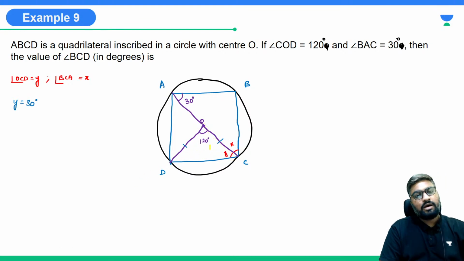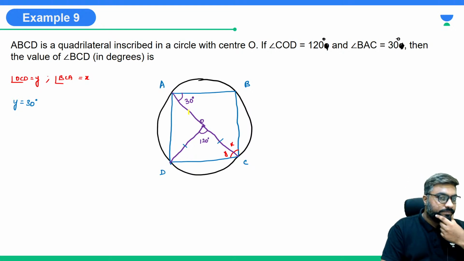Yes. Now we need to find out this angle BCA. तो ये जो angle है BCA, this angle is formed by this particular arc.